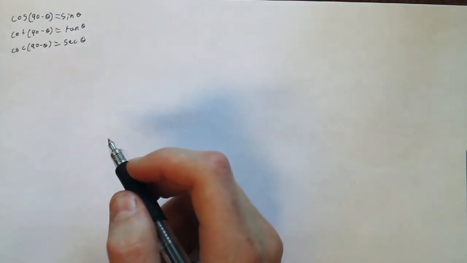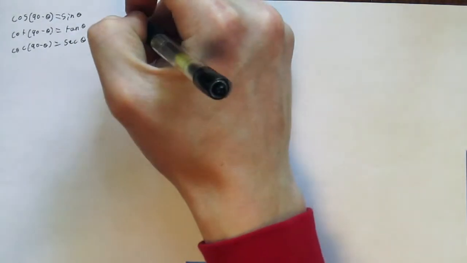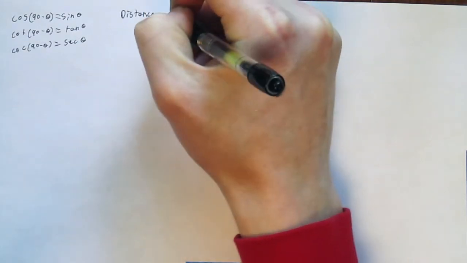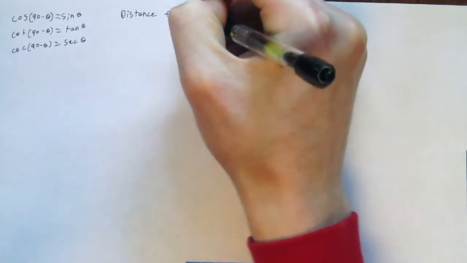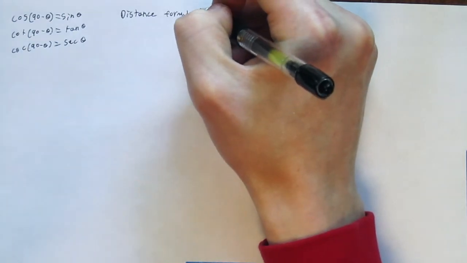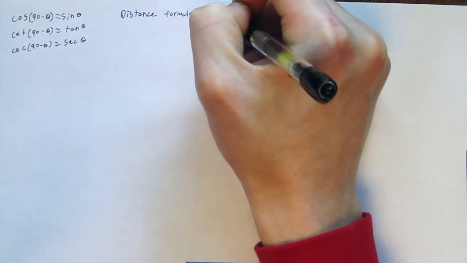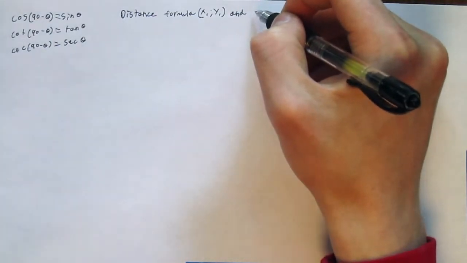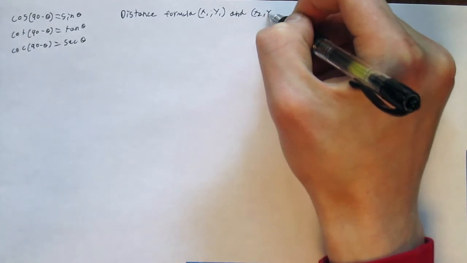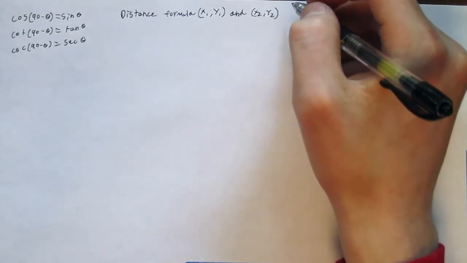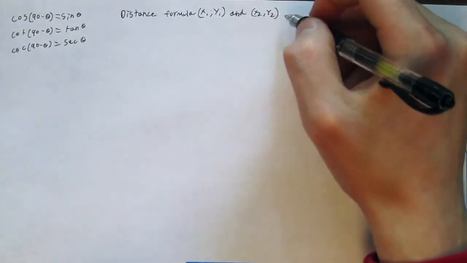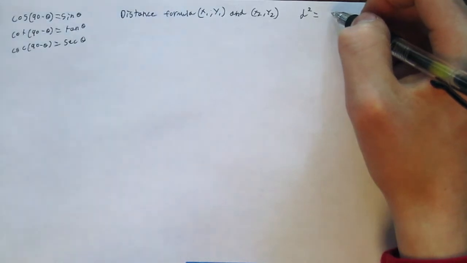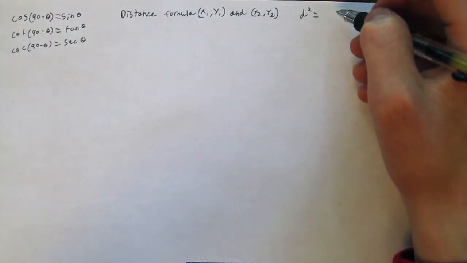So the distance formula between points x1, y1, and point x2, y2 says that the distance squared is equal to the change in x squared plus the change in y squared.